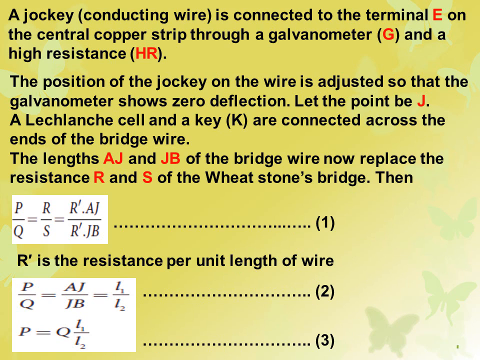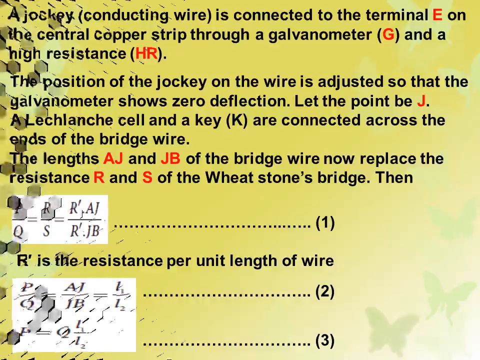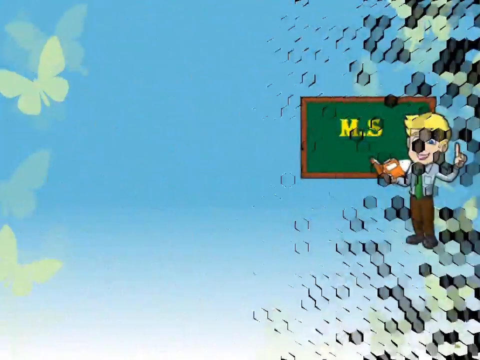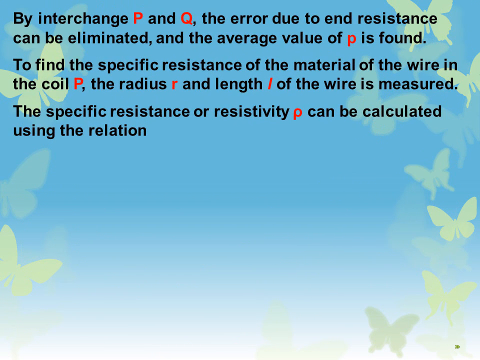Here we divide the length of the wire from A to J by the length from J to B. By interchanging P and Q, that is, the unknown resistance P and the known resistance Q, the error due to the end resistance can be eliminated, and the average value of P is found using this interchange method.